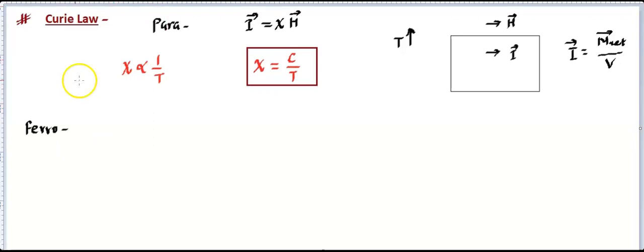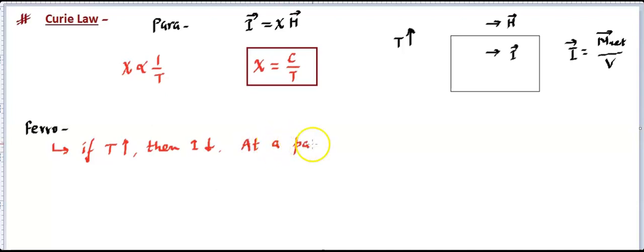So we can write over here, in short, if the temperature of a ferromagnetic material is increased, then magnetization decreases. At a particular temperature, when you are heating it up, let's call that TC.